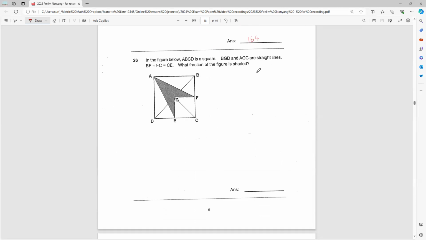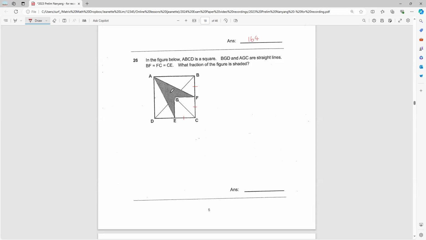Question 26. In the figure below, ABCD is a square. BGD and AGC are straight lines. BF equals to FC equals to CE. So let's mark them out. What fraction is shaded?